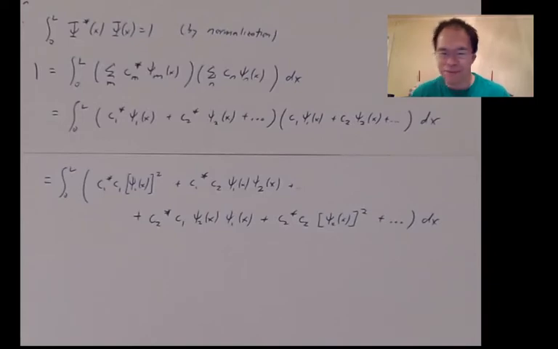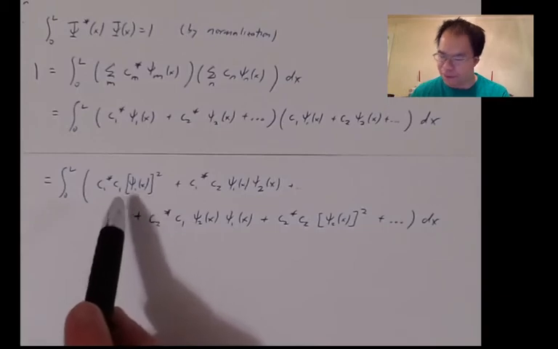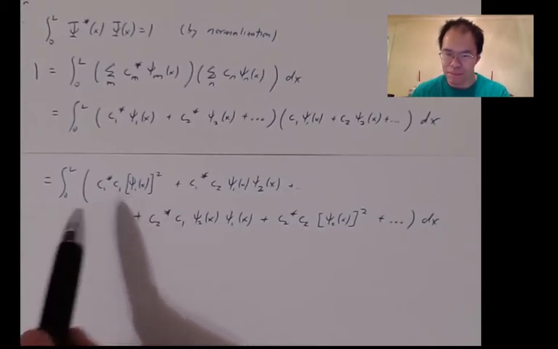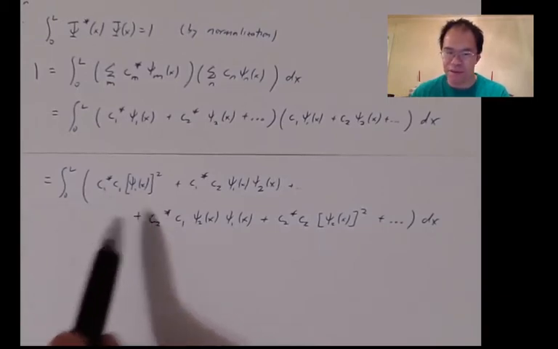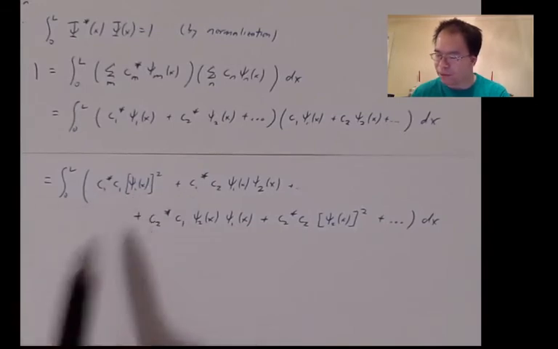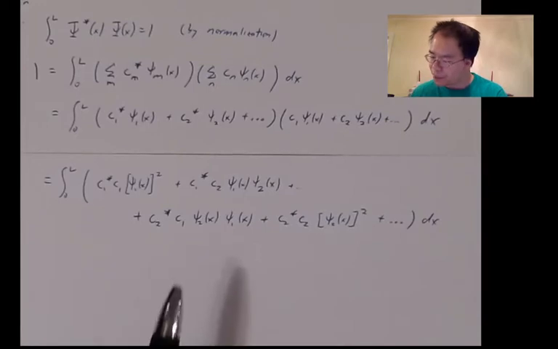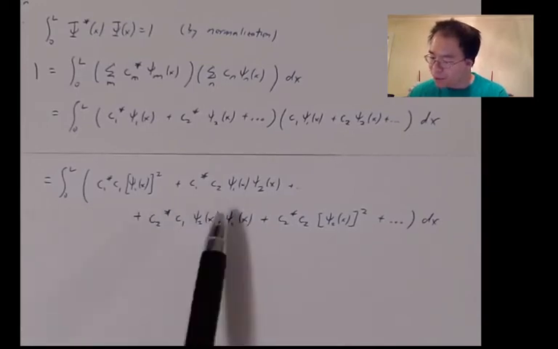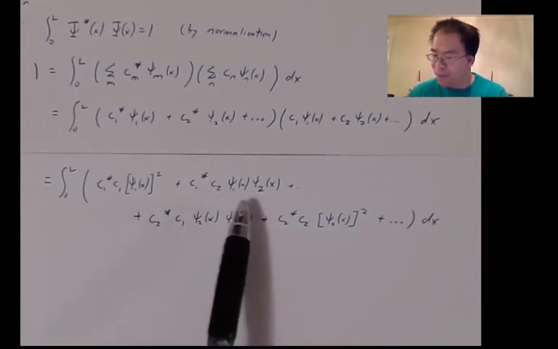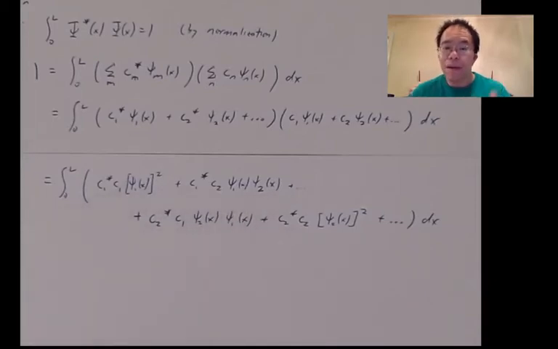Notice I have two types of terms here. I have terms where I have the same index, so I have C1, C1, everything's 1 here. And then I have terms where I'm mixing the indices. Notice that if I have psi 1 times psi 2, when I integrate that, by orthogonality that term vanishes.